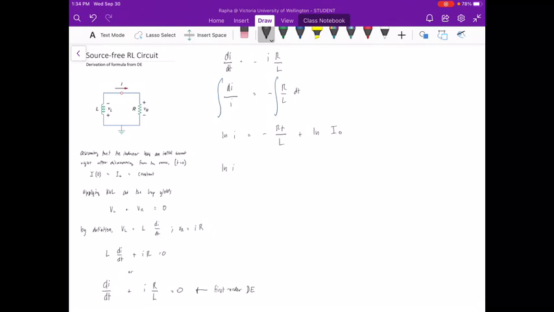We will have ln of I minus ln of I sub 0 is equal to negative Rt over L. We have ln of I over I sub 0 is equal to negative Rt over L. Then eliminating ln using powers of e, we have e to the power of ln of I over I sub 0 is equal to e to the power of negative Rt over L.